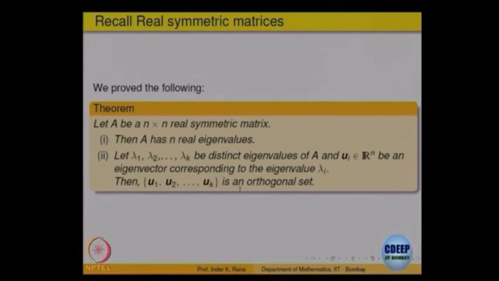So, using this, because it has n eigenvalues, there will be n eigenvectors, and because they are orthogonal, they are also linearly independent.